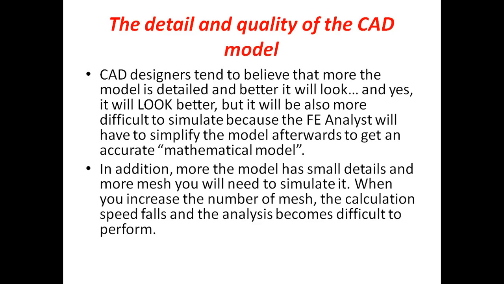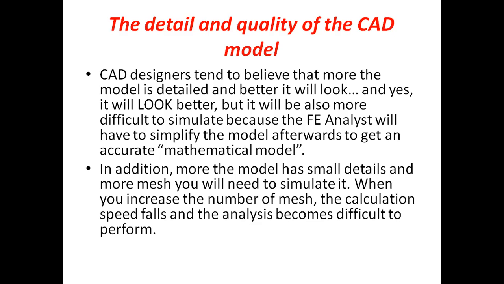But due to some issues, the CATIA model is not fully recovered in ANSYS. Then there are geometric losses in the CATIA model, in the CAD model. Because of these geometric losses, you cannot convert your model into a mathematical model or an accurate mathematical model.